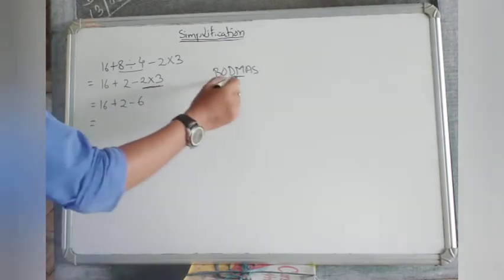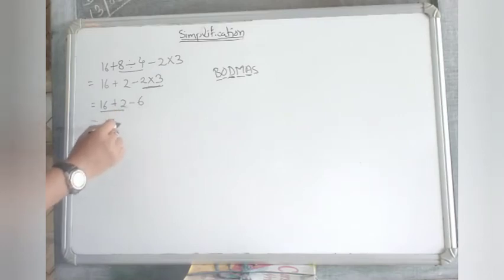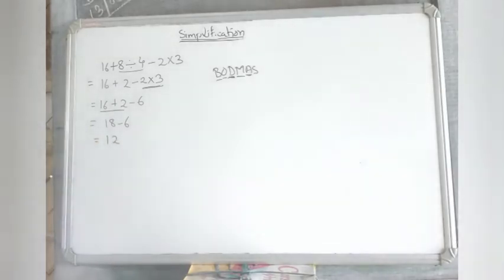After this we have to go for addition. Now here addition is between 16 and 2. That means 16 plus 2, which gives me 18 minus 6. So now at the end we have only subtraction remaining, so that is 12, which is your answer.